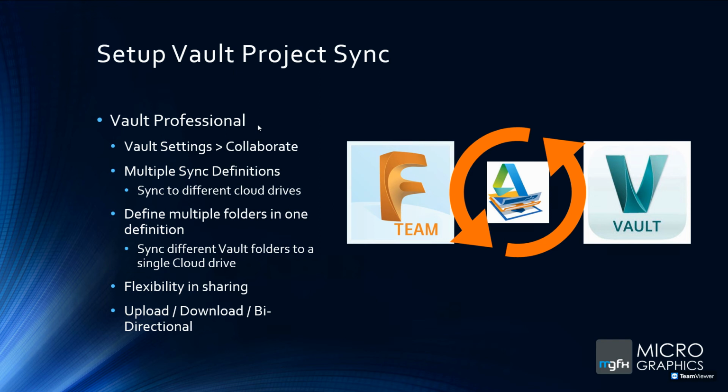And this gives you a lot of flexibility in sharing who you share the files to and how you share those files. And the last note there is that you can set the direction of that update. Do you only upload from Vault to the cloud drive? Do you only download from the cloud drive onto Vault, so you're just pulling information down? Or is it bi-directional? It will just update in both directions.